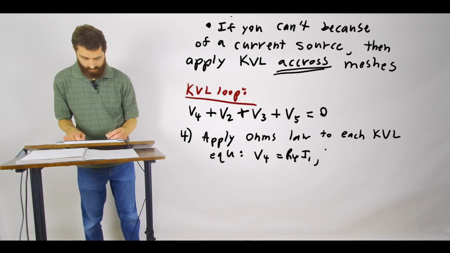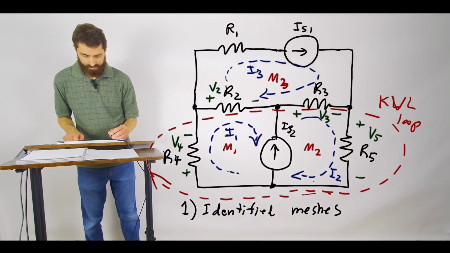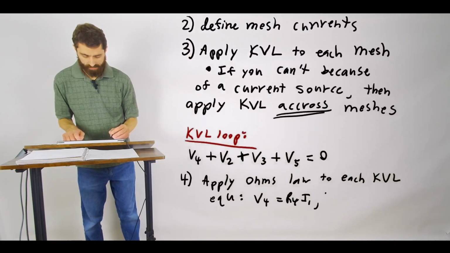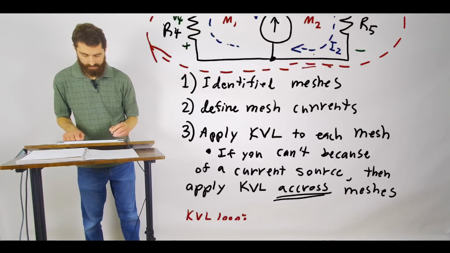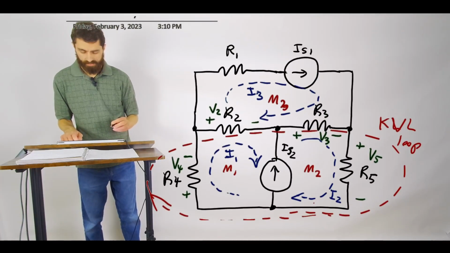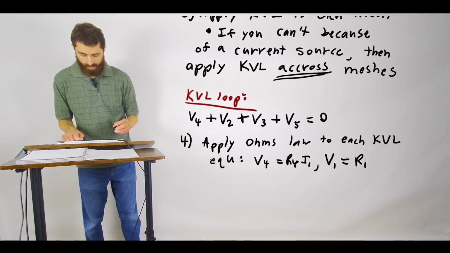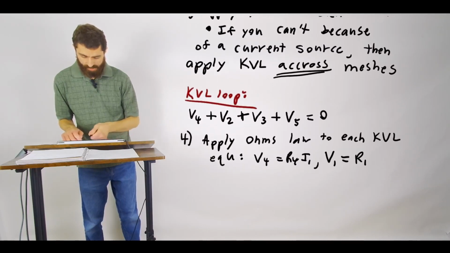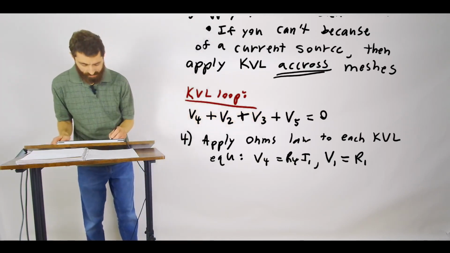Then let's do R1 here. Trying to do the easy ones first. So V1 is equal to R1 times... oh, you know what? Actually, V1 is not in our KVL loop, so we don't need to express it.